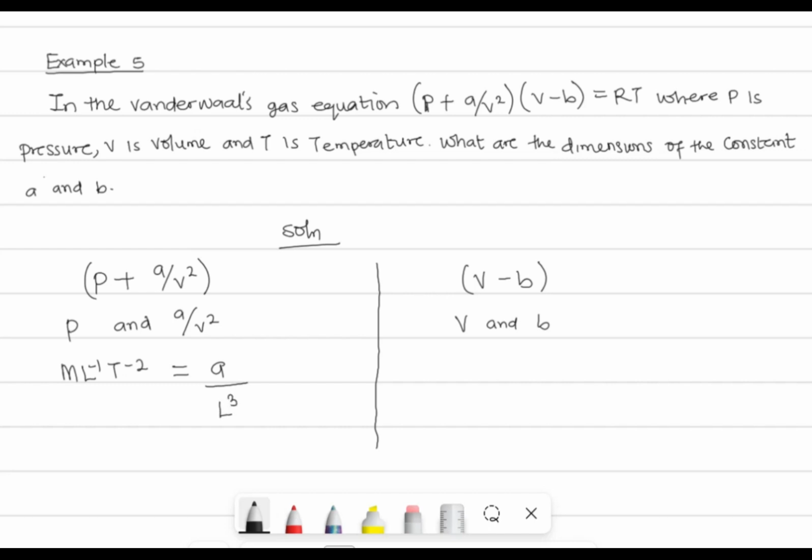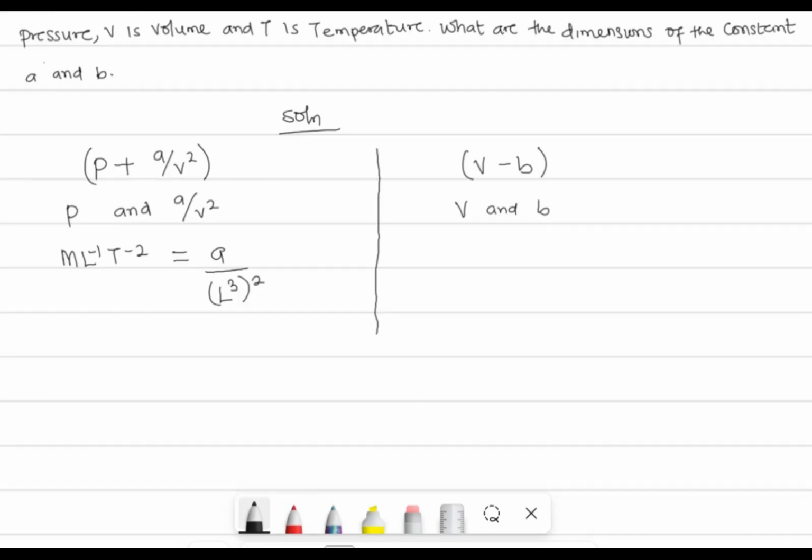But that volume has a square, so we'll put our square here. And so we can now say M L⁻¹ T⁻² is equal to A over L⁶ when we open up this bracket.